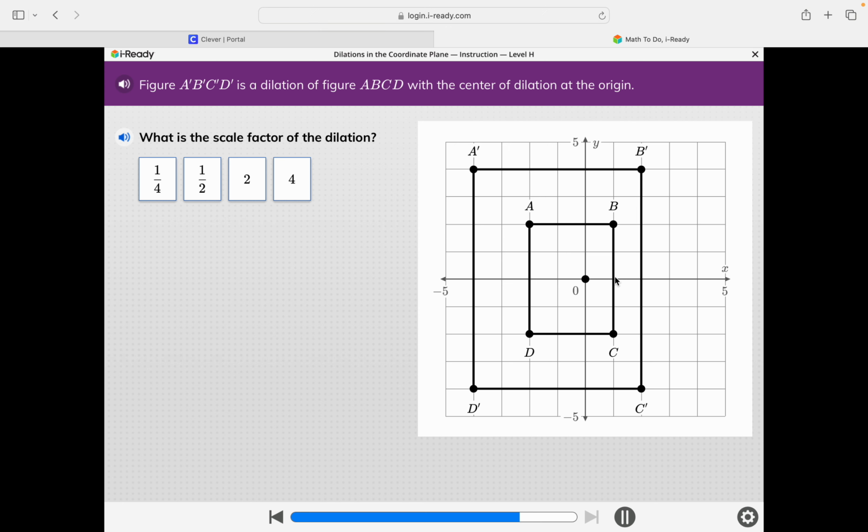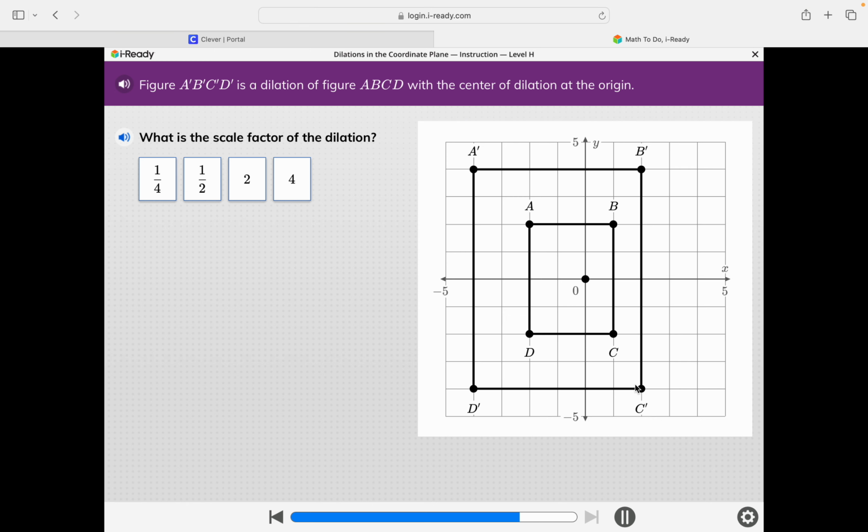Now tell me C prime, Suhani. C prime is 2 and -4. So now C is similar to C prime. 1 equals 2.